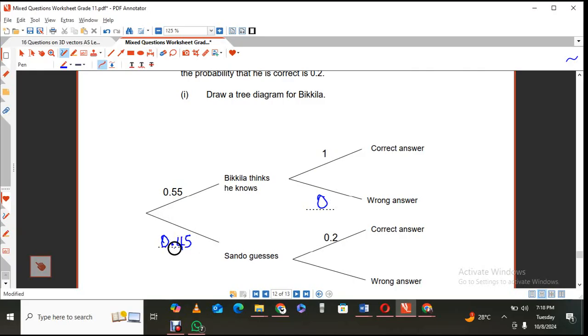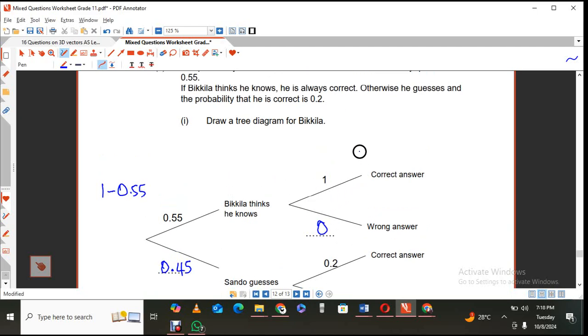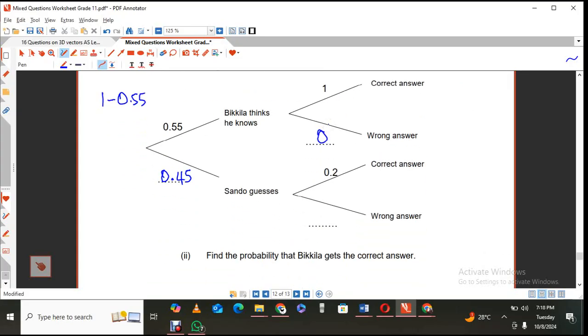I hope you still remember how you calculate that one. Remember, you say 1 minus 0.55, and here is 1 minus 1. Then this last part says, otherwise he guesses, and the probability that he's correct is 0.2. So if that is the case here, then this one here should be 0.8. Okay, so we have completed that.